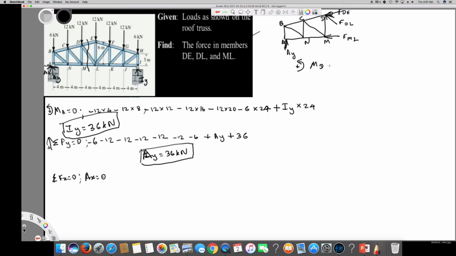I take counterclockwise positive. If I take counterclockwise positive, total moment is 0, statics, and there we go. So in this case, if we start from D, we have 12 kilonewton acting counterclockwise at a 4 meter distance, so 12 times 4, and we have 6 kilonewton acting at an 8 meter distance, 6 times 8, and then we have AY acting on it upside counterclockwise.